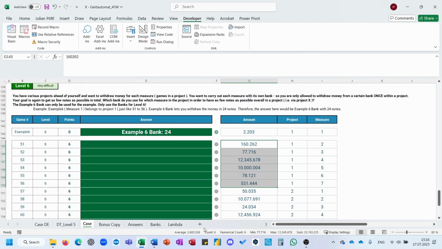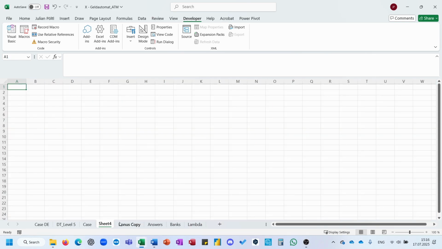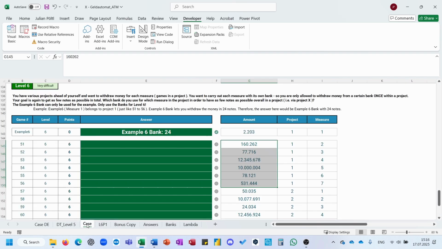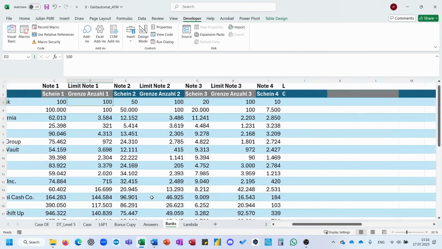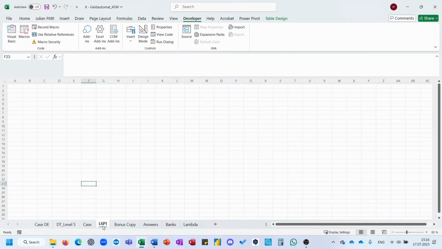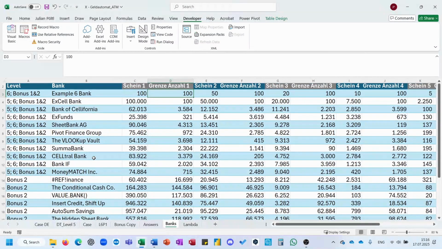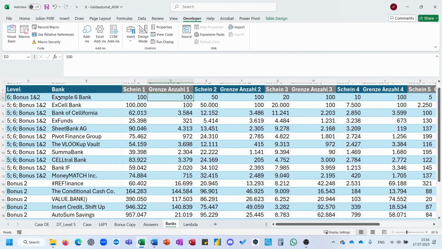So I did it that I did separate sheets for the separate projects. Then I think it was the same for level 6, except that we're also using example bank 6.